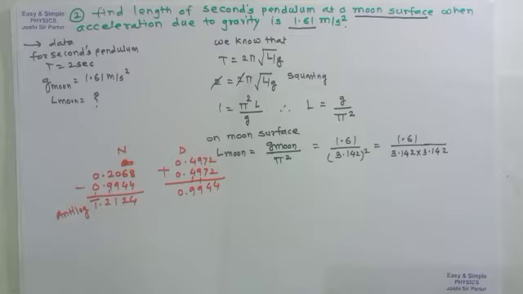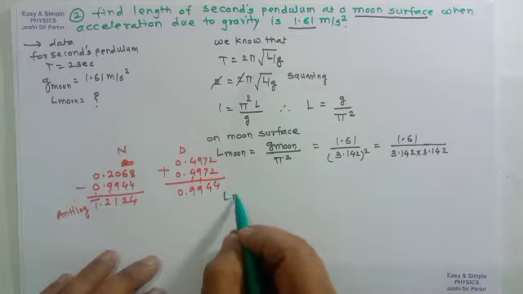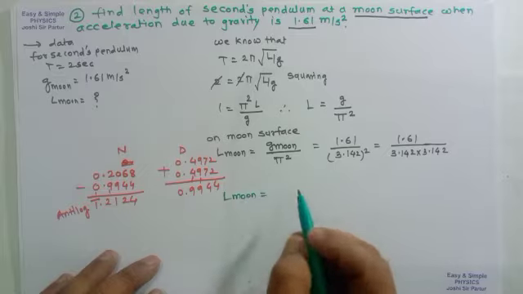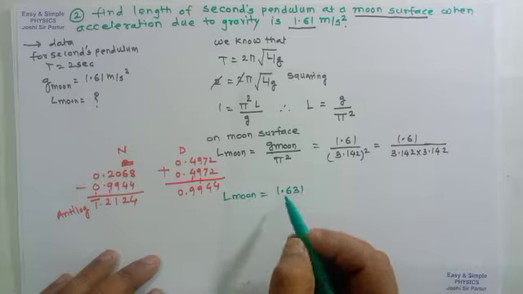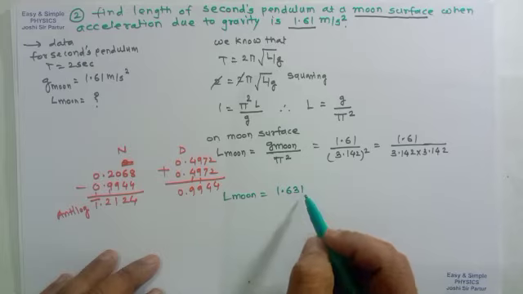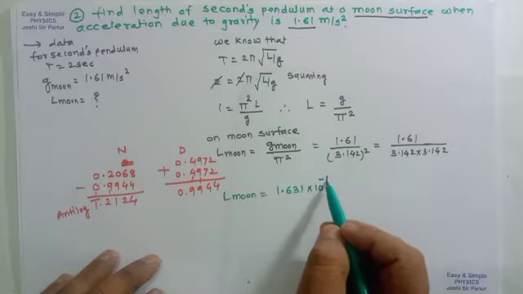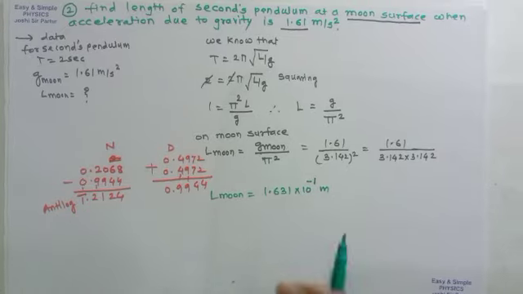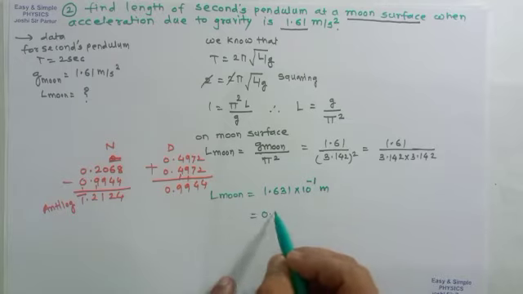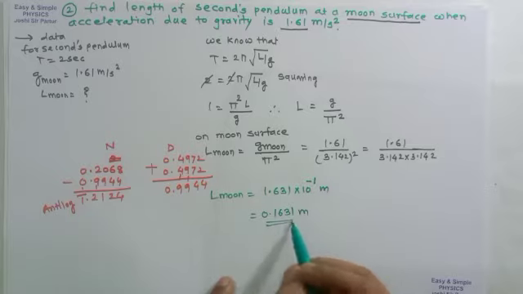So the length of second pendulum on moon surface will be 1.631 into 10 to the power minus 1 meter. It will be 0.1631 meter, which is the answer for the given example.